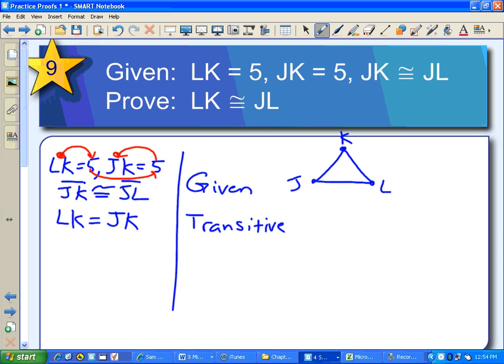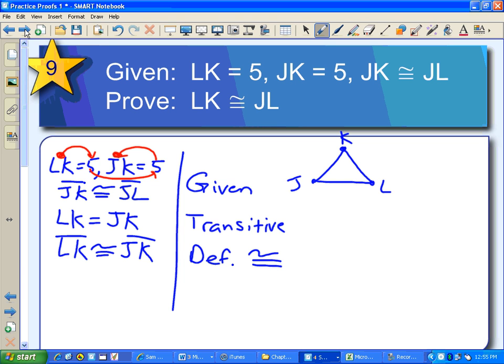If I go from my start point to my end point and cut out the middleman, that's the transitive property. I'm cutting out the 5 and just putting these equal to each other. If I know they're equal, then I also know that they are congruent, because that's the definition of congruent.